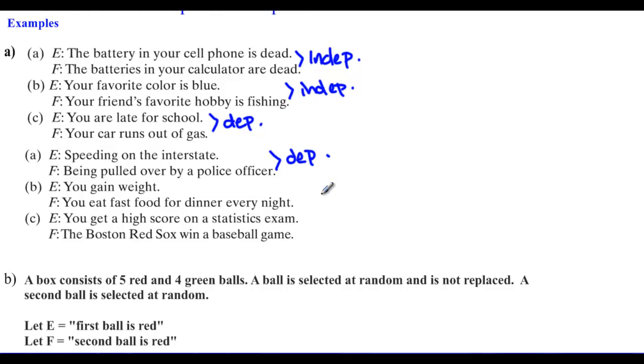You gain weight, you eat fast food for dinner every night. Again, if you're eating unhealthy food every day, then that's probably going to contribute to a weight gain. So those are dependent. You get a high score on a statistics exam. The Boston Red Sox win a baseball game. And despite people being superstitious, these are going to be independent.